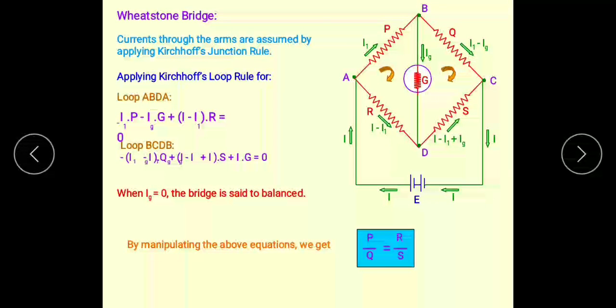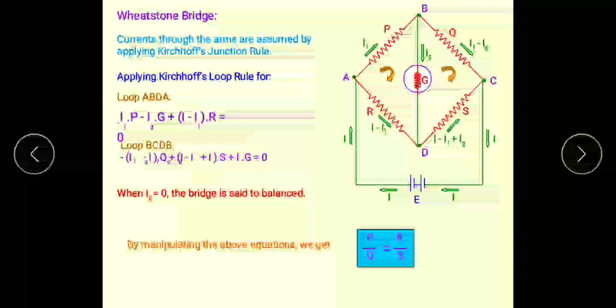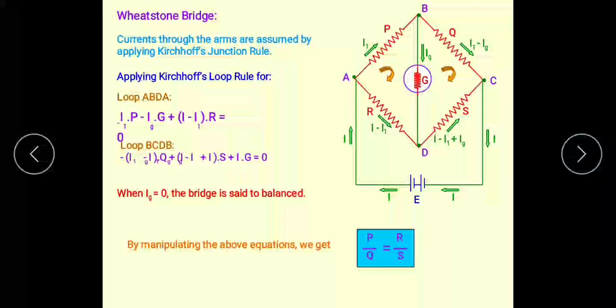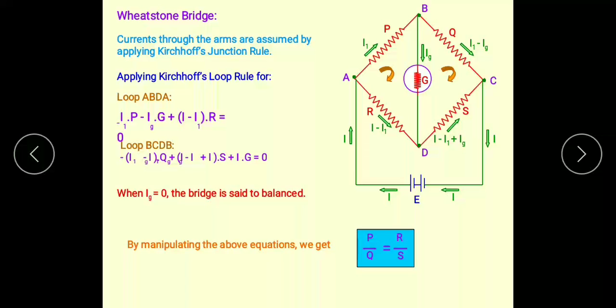You can take it that way also, that if the direction of current and the direction of calculation are the same, the potential difference is positive, and if they are opposite, it is negative. But here I have taken negative for the same direction and positive for the opposite direction. You can also take it in the reverse way.